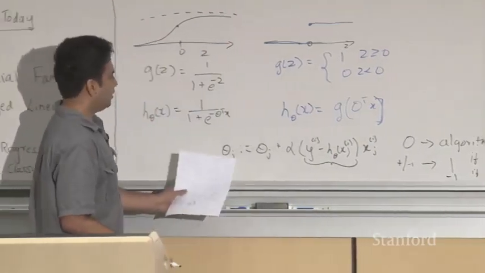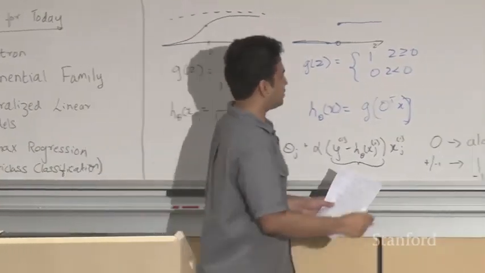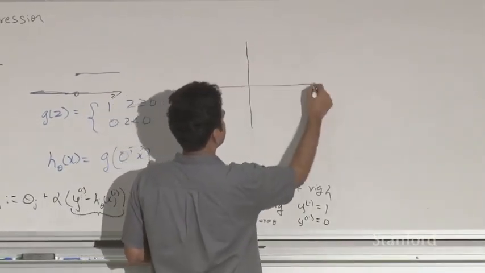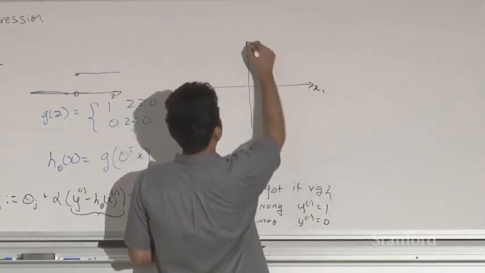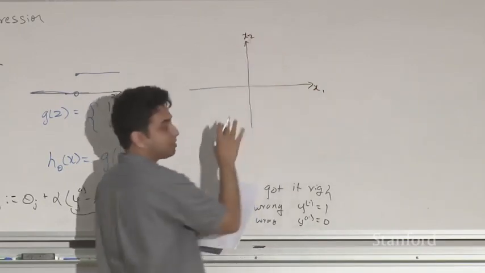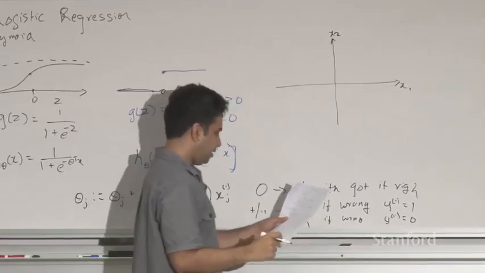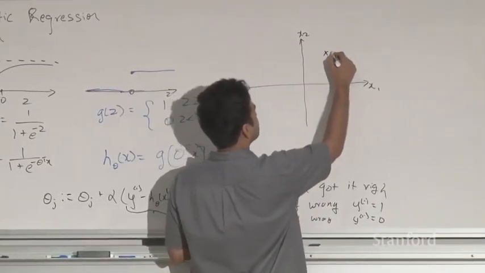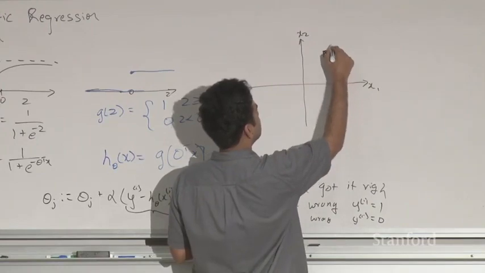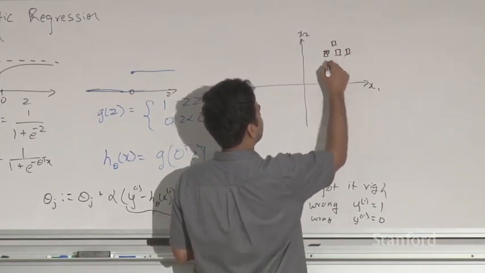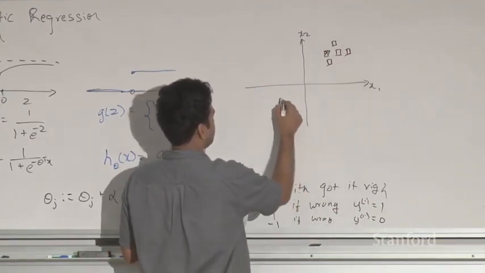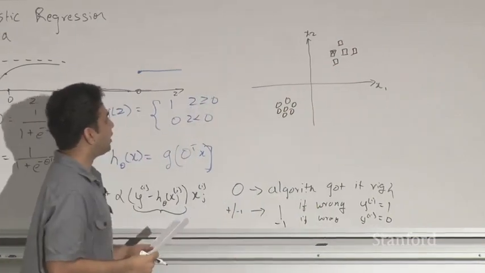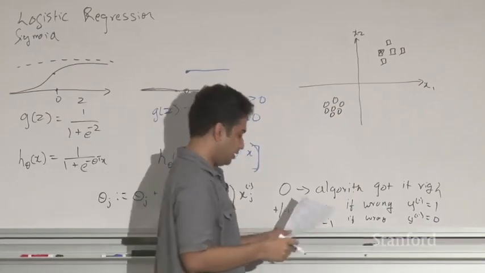To see what's happening, it's useful to see this picture. This is the input space, and let's imagine there are two classes, boxes and circles, and you want to learn an algorithm that can separate these two classes.